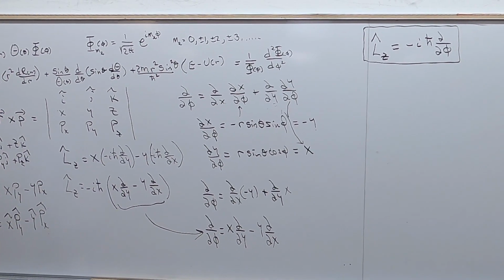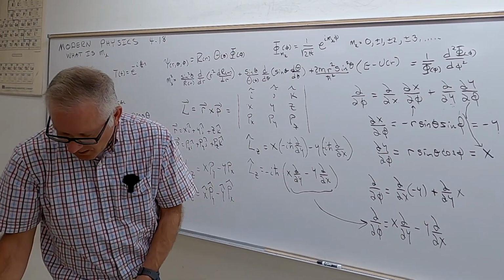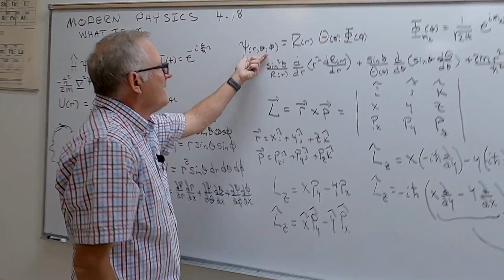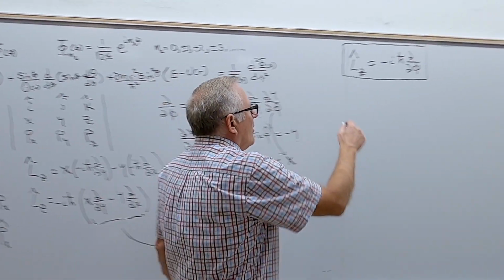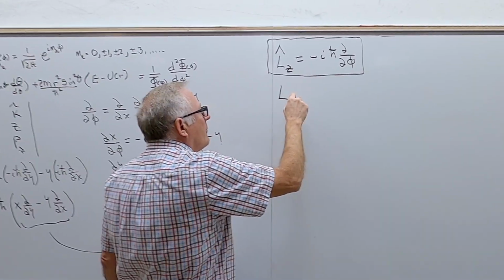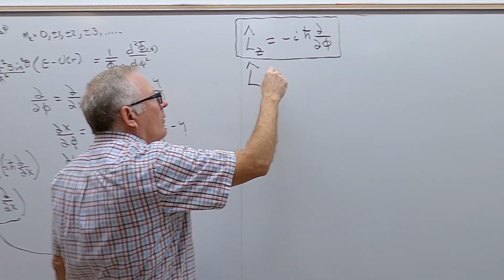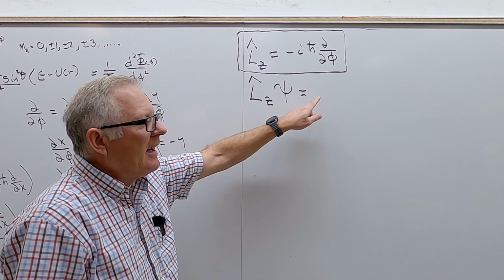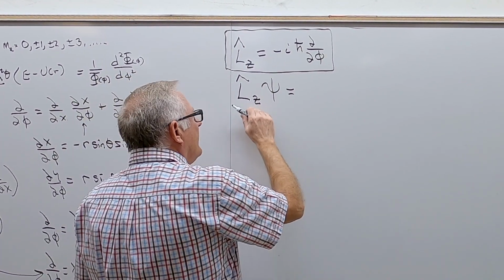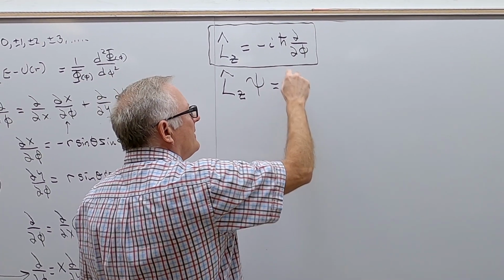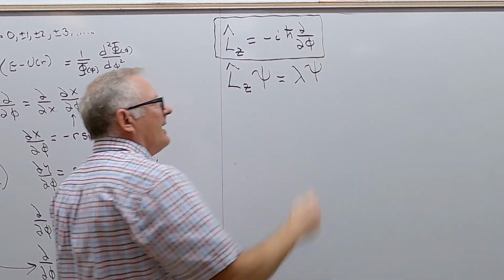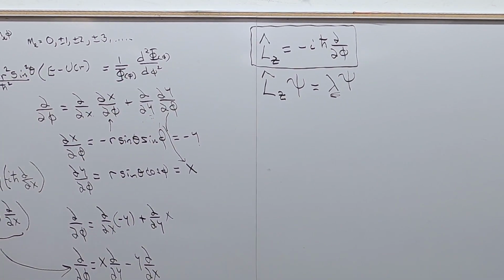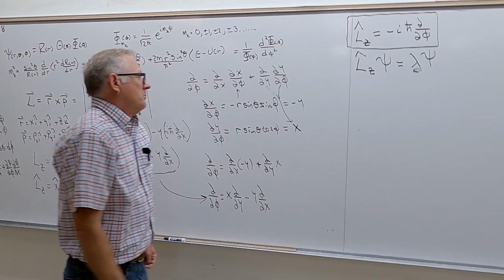Okay, so now that we have an operator, what if we operate this on my psi? Remember, if we operate this on our wave function, we should get the value you'd read from the z component of the angular momentum, lambda, times your psi again. And these would be my eigenvalues, and this is what I should be able to measure from it. Well, let's see what that gives me.